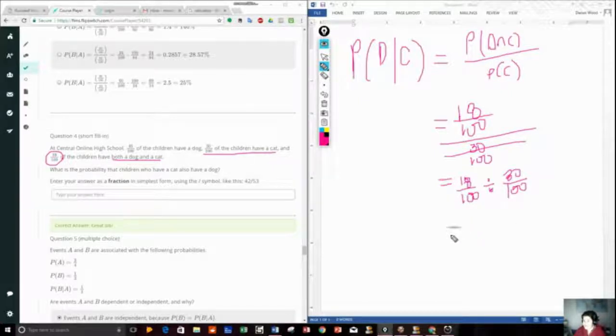When dividing fractions, you multiply by the reciprocal. So 18 out of 100 multiplied by the reciprocal, 100 over 30.